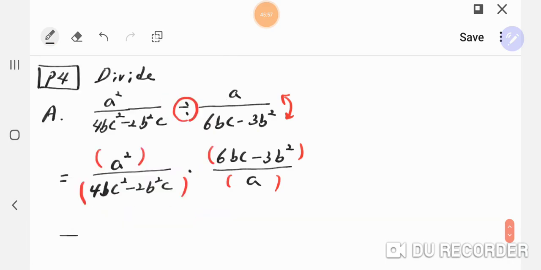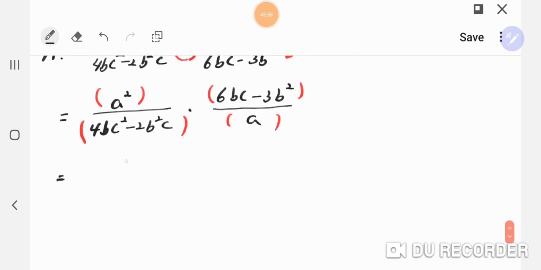So this is equal to, a squared is a squared, already factored, divided by, this part is, there's a common factor 2bc. Okay, 2bc is a common factor. So factor out 2bc, then the leftover is 2c and minus b.